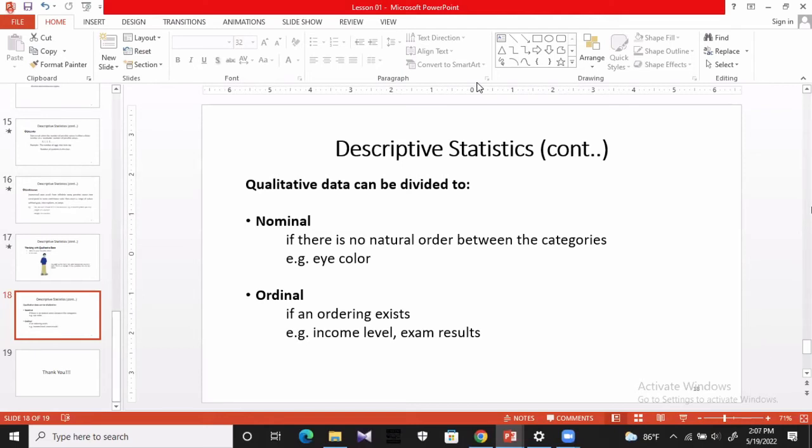But if you consider ordinal qualitative data, we can actually make an order of those data. Here I have given you two examples: one is income level and the second one is exam results. According to your exam results, we can make an order.